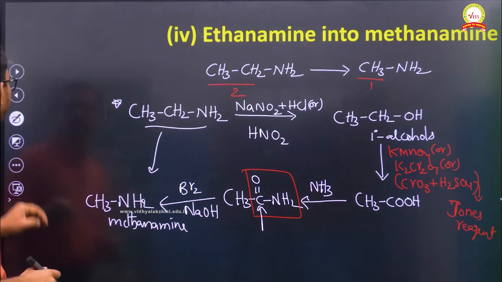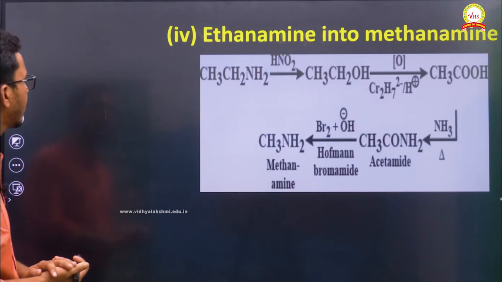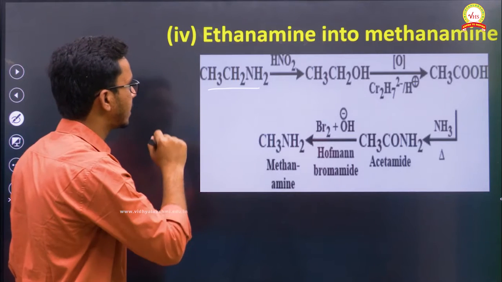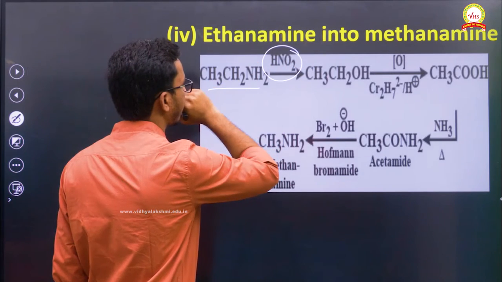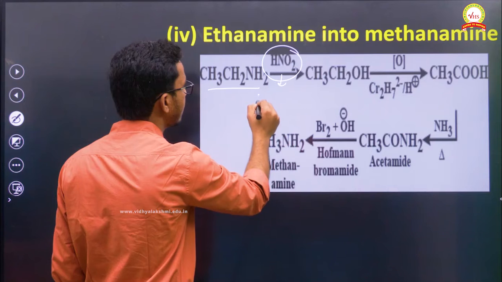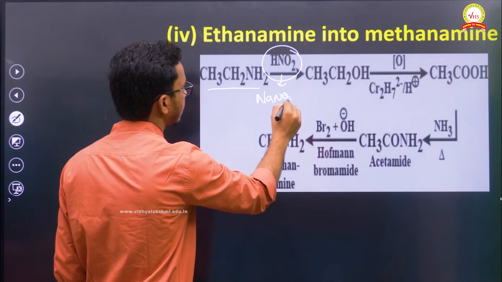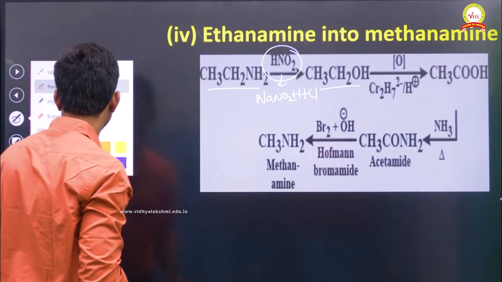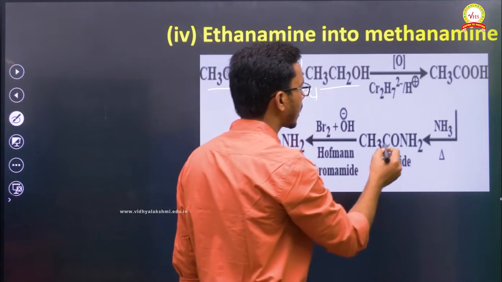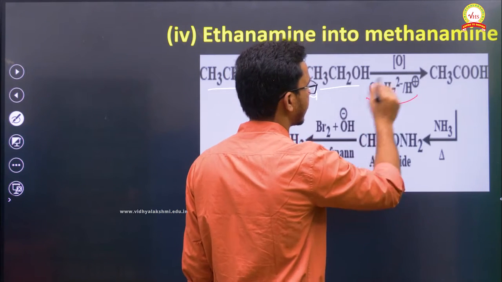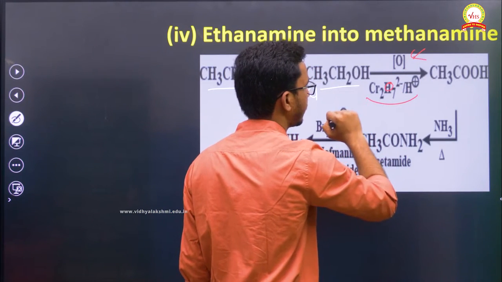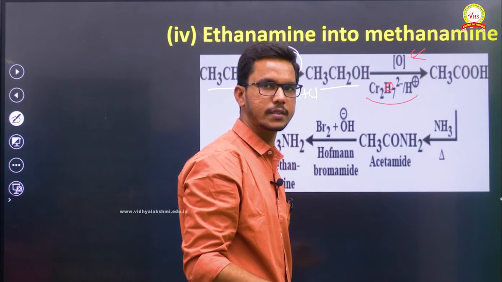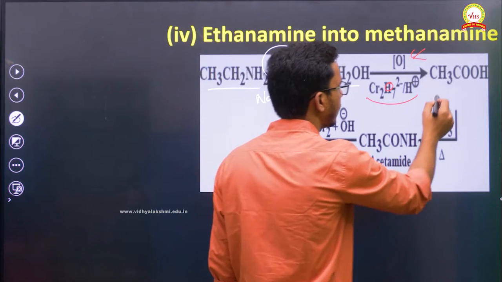Now let us see whether this conversion is right or wrong. As we have already discussed, we have taken ethanamine first. This ethanamine on reaction with HNO2, or instead of HNO2 you can also use NaNO2 plus HCl, gives the respective alcohol. This alcohol on oxidation with K2Cr2O7, or Jones reagent, or KMnO4, gives the respective acid.